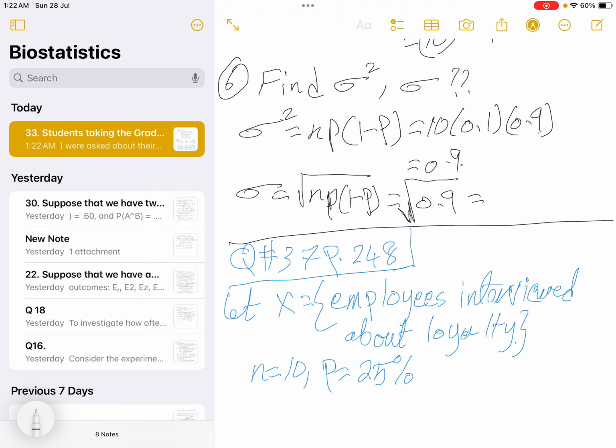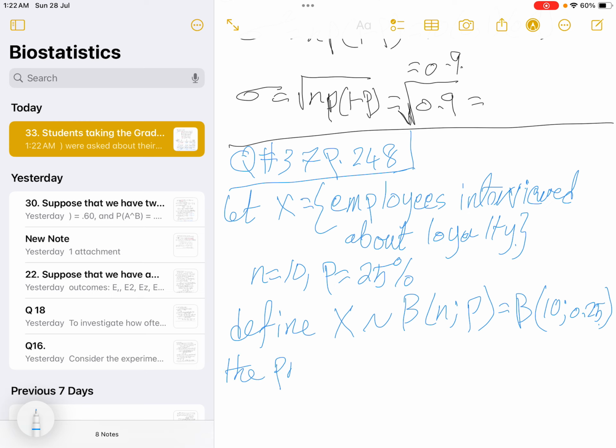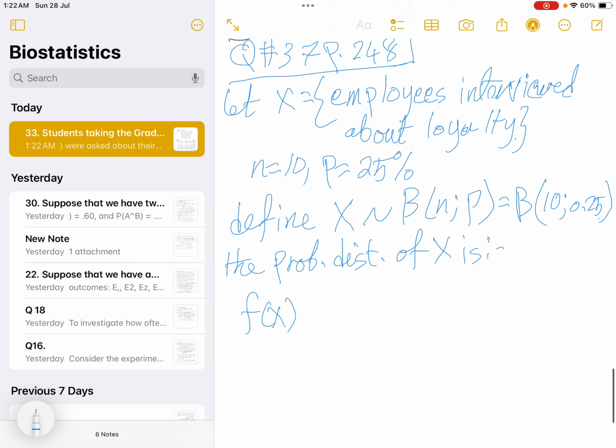Here, define x as a random variable that has binomial n semicolon b, which is binomial 10 semicolon 0.25. Then the probability distribution of x is f of x equal probability capital X equal little x.